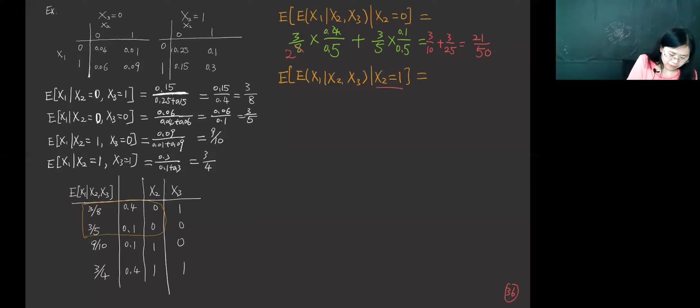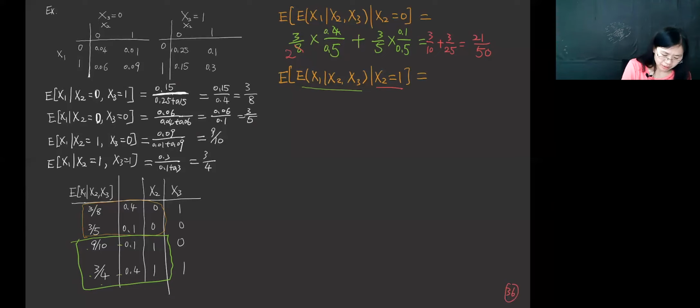We can do the same thing for the case where x2 equals 1. Now we need to consider the probabilities and values in this square. In this case, the random variable E[X1 given x2, x3] has two values, 9/10 and 3/4, and their relative probabilities are given by the relative magnitudes of 0.1 and 0.4.